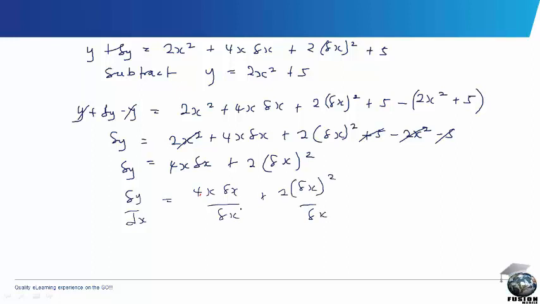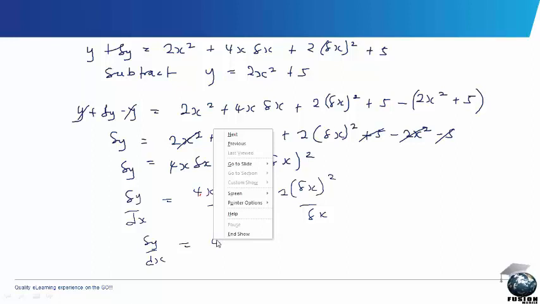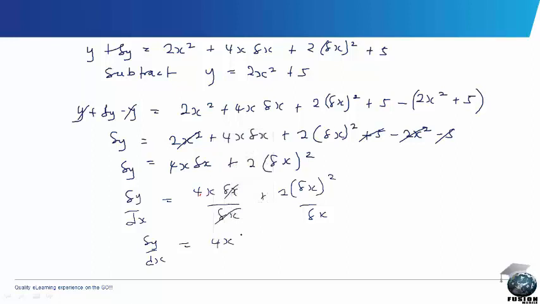Okay, this takes care of this, and then we have that dy/dx will be equal to 4x, and a plus, this takes care of this, and then we have 2 dx.